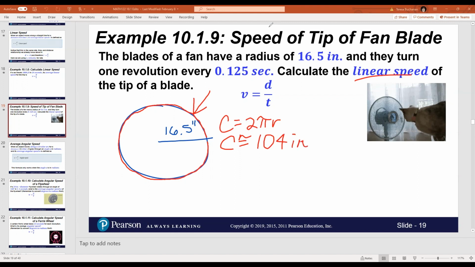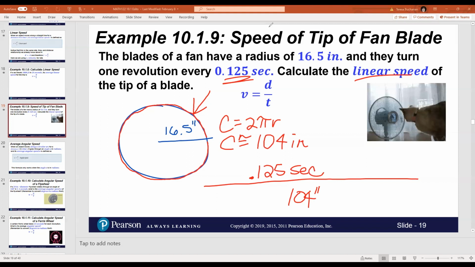If you run that calculation, 2 pi r, you should see about 104 inches. And this distance, taking that length of red and straightening it out, it's 104 inches long, and it takes me 0.125 seconds to travel this far.